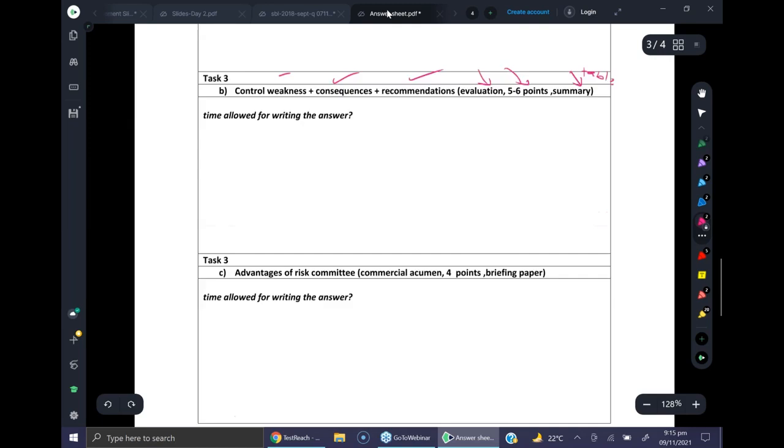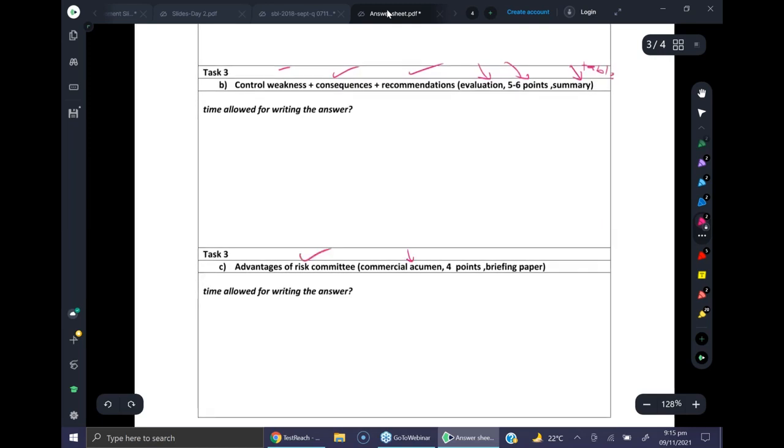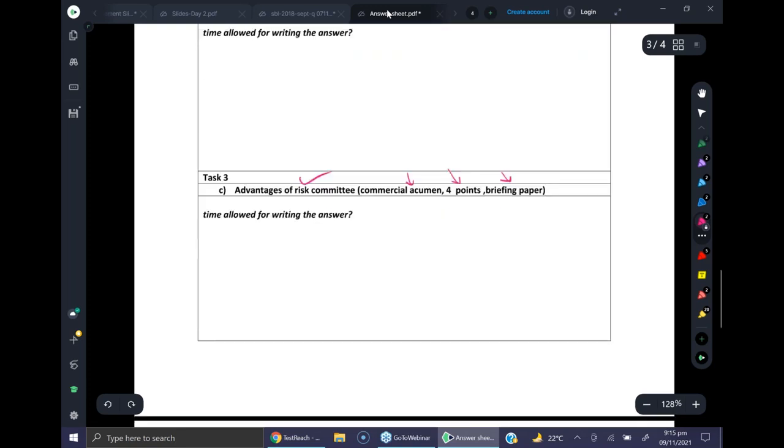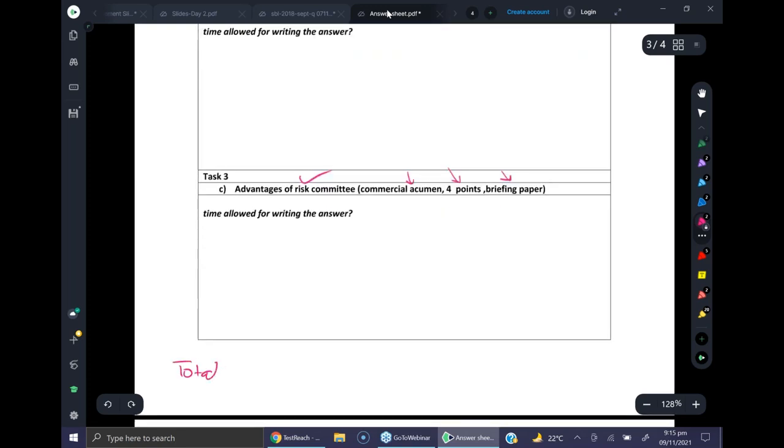And the C requirement is advantages of a risk committee, commercial acumen scale, 4 points, briefing paper. The total time allowed for this requirement is 80 minutes. You can define the total time for requirement 3 as a whole, or part-wise, and split the time between the tasks as well. It's totally up to you how you prefer.